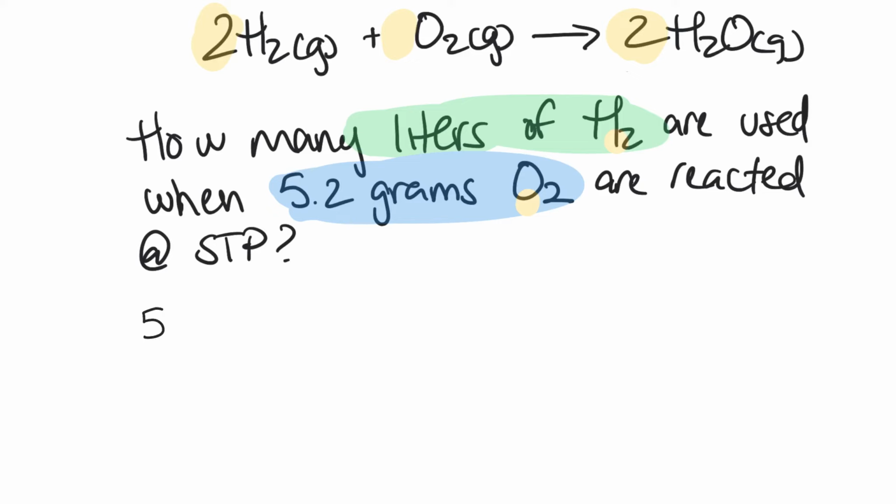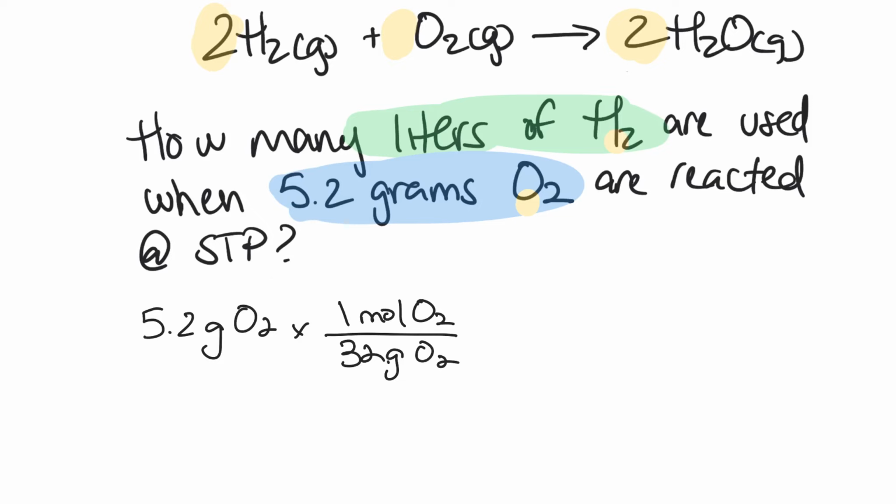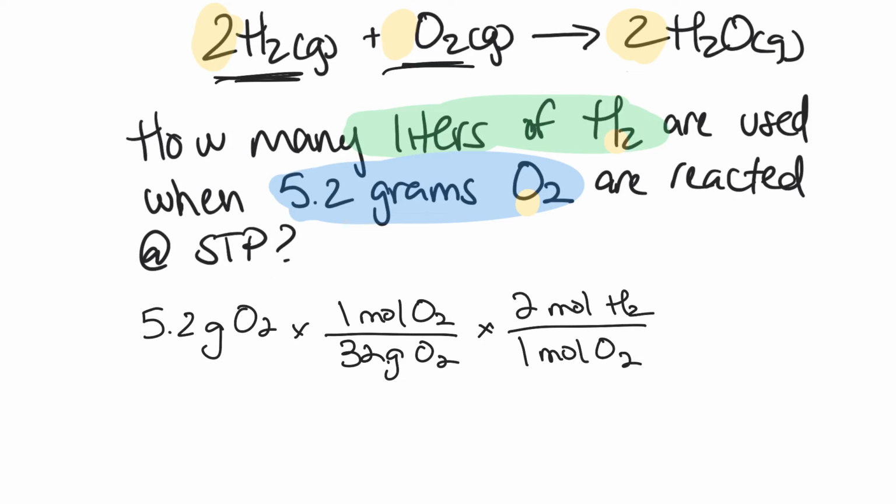We started with 5.2 grams of O2, and we need to convert this to moles, all right? We're going to use the molar mass of O2, which like last time is 32 grams of O2, all right? And now that we have moles of O2, we can convert from moles of O2 to moles of H2. And so we see that for every 1 mole of O2, there are 2 moles of H2, all right?